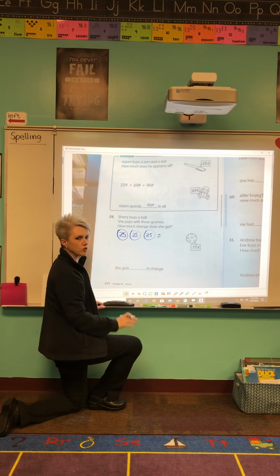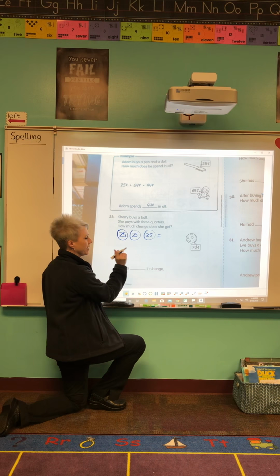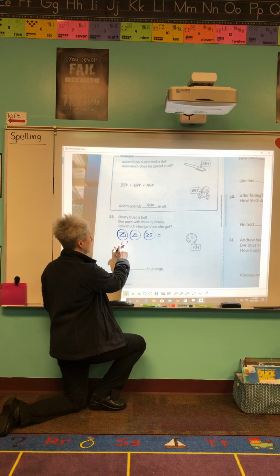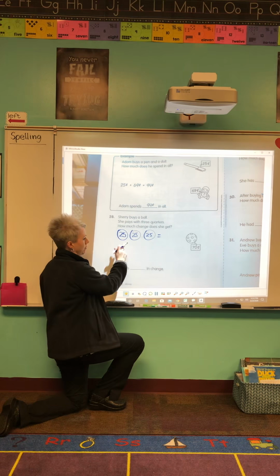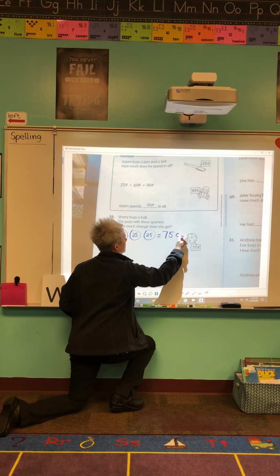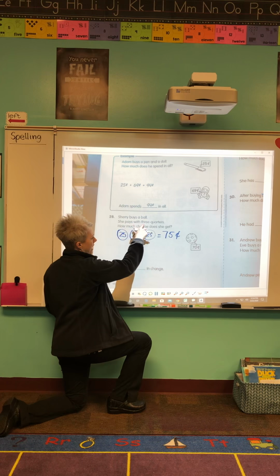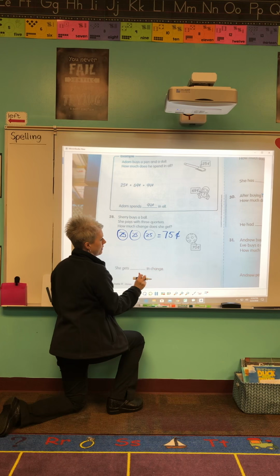Now, how much do we have all together if we have 3 quarters? Let's count by 25s. 25, 50, 75. We know that 3 quarters, if we count by 25s, is worth 75 cents. So she has 75 cents. The ball was 70 cents.